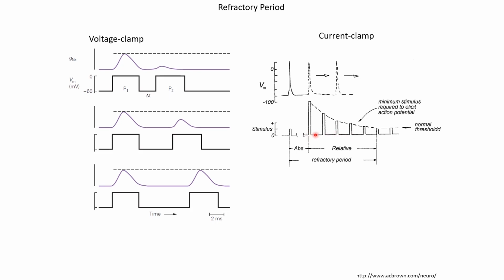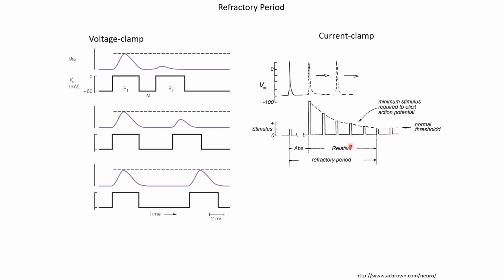Because this number is smaller than the default state, you may need a larger stimulus to cause an action potential. So here you need this much stimulus. After some delay, a smaller stimulus might suffice, and after some more delay, an even smaller stimulus might suffice. And then after this period is over, a normal stimulus would suffice.